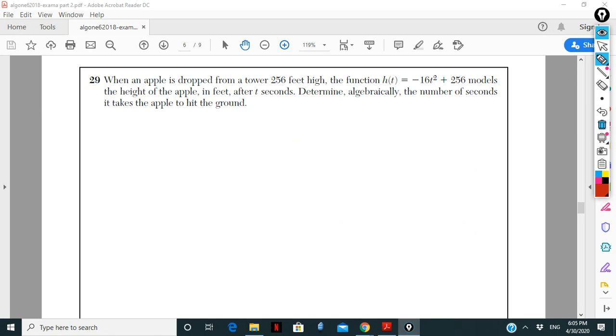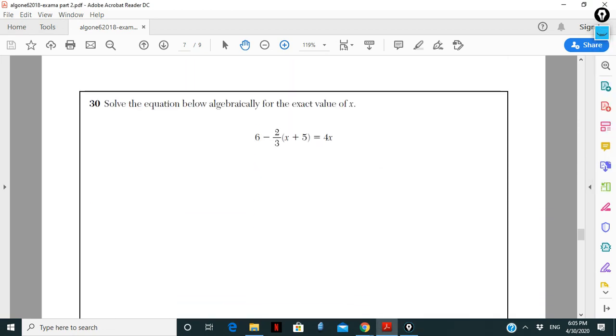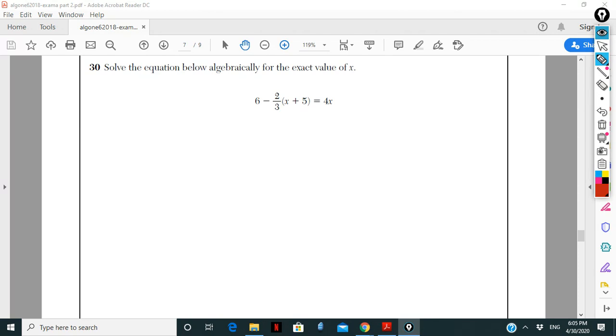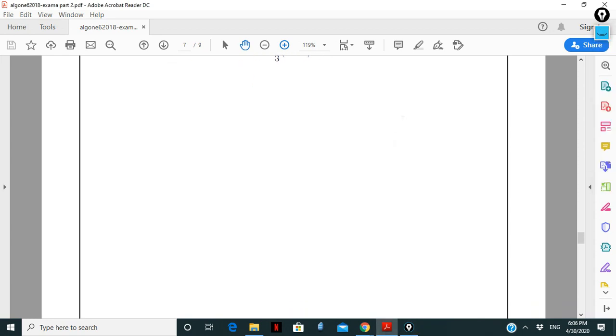Question number 30. Now solve the equation below algebraically to find the exact value for x. The first step, when I have a fraction, I always like to multiply the whole equation by the denominator. So I'm multiplying the whole equation by 3.